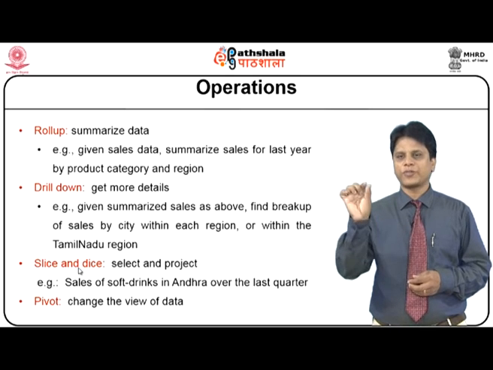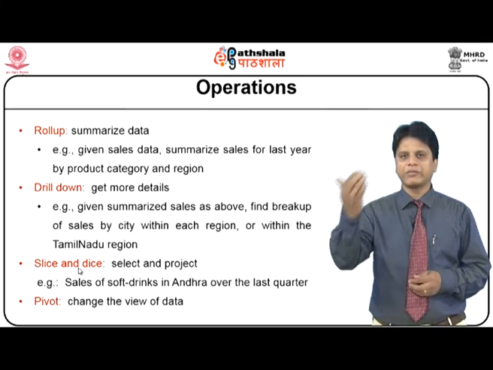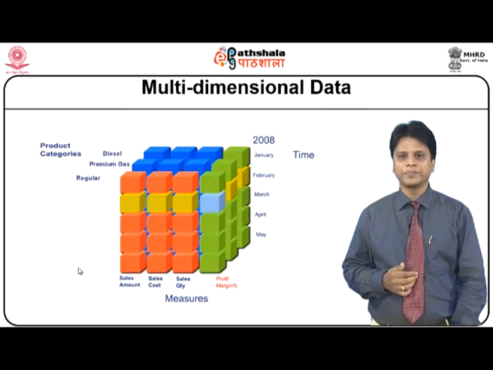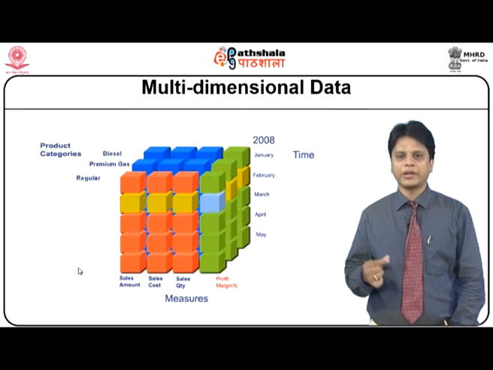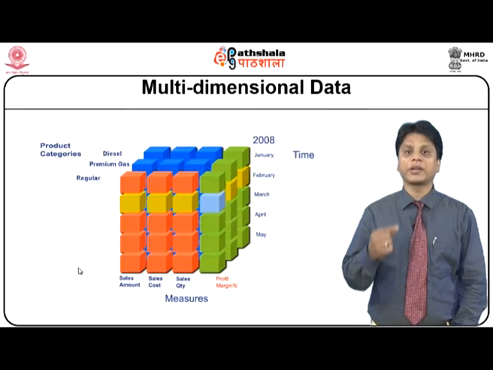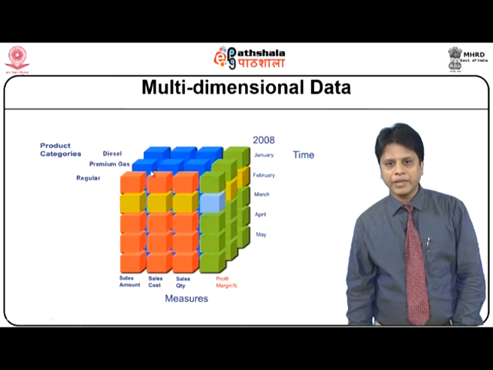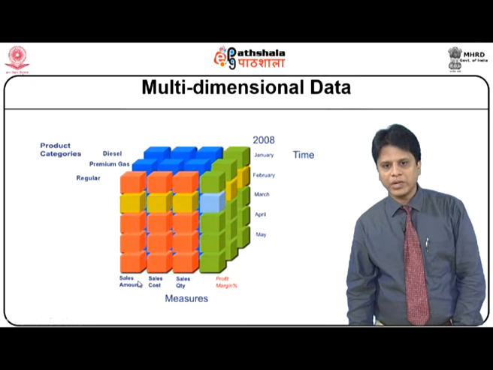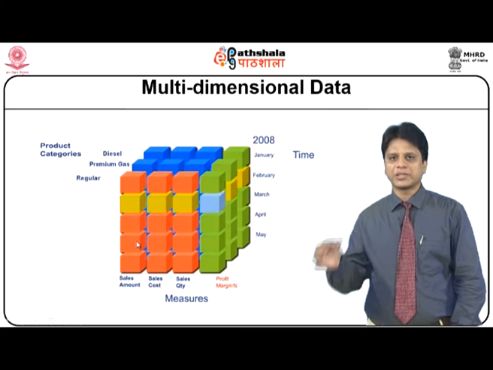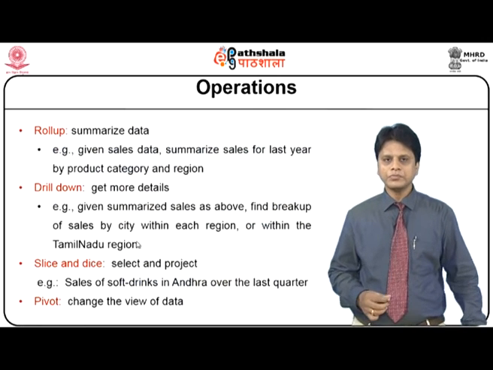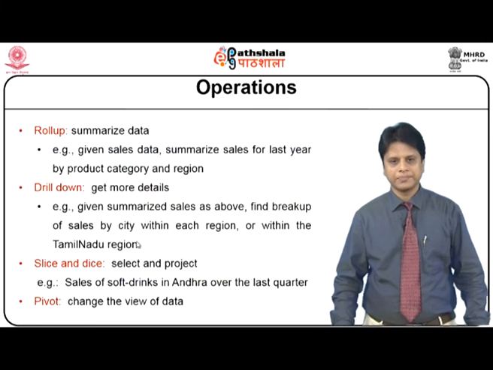Comparing it with the previous data cube, when I slice and take out a particular detail, it should be for a particular product category because it is a vertical cut. Say with a premium gas, over different years, over different measures, I will be able to present a particular data. So that is how we represent slice.